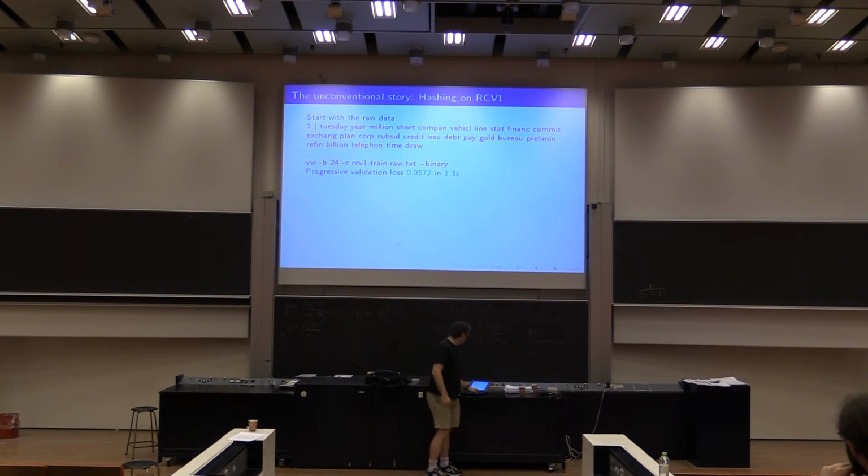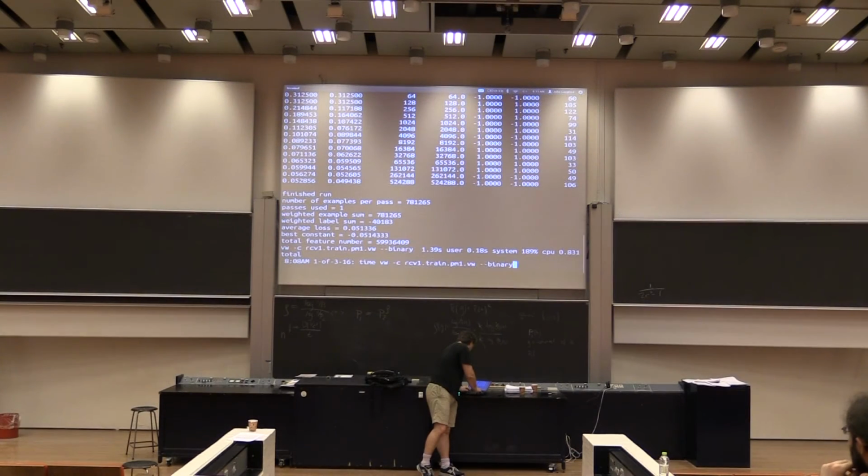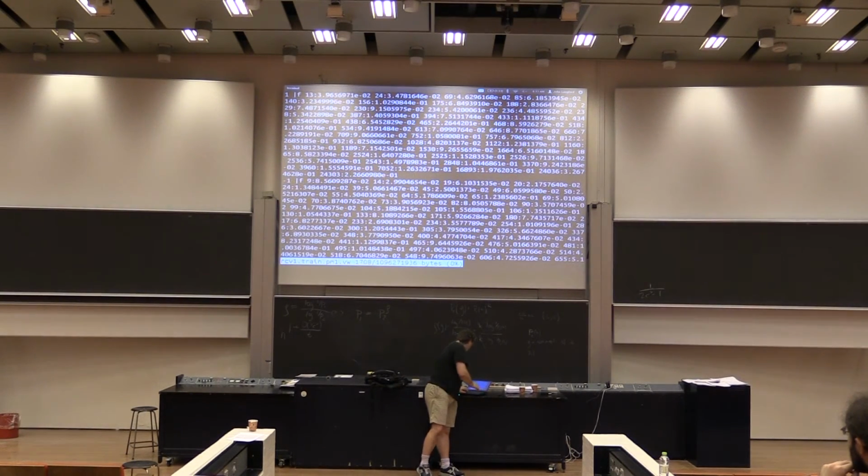So we're just learning a linear predictor. So we want to find weights such that the sign of the sum over i of w_i x_i is equal to the label. Right? The label is either plus or minus 1. So it's a little bit clearer if I go and look at this one. We have labels which are plus or minus 1. So we're just trying to do supervised learning.